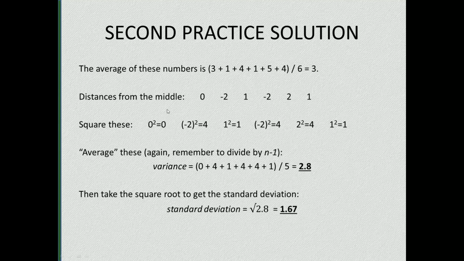We square those to keep the negatives from canceling the positives, and take an air quotes average by adding them up and then dividing not by our sample size of 6, but by 6 minus 1, which is 5. That gave us a sample variance of 2.8, so the sample standard deviation is square root of that, 1.67.